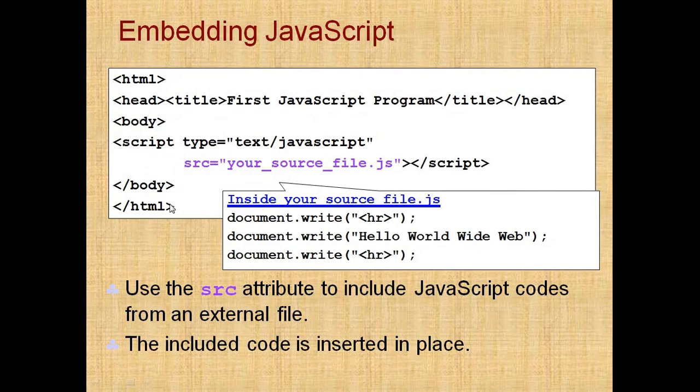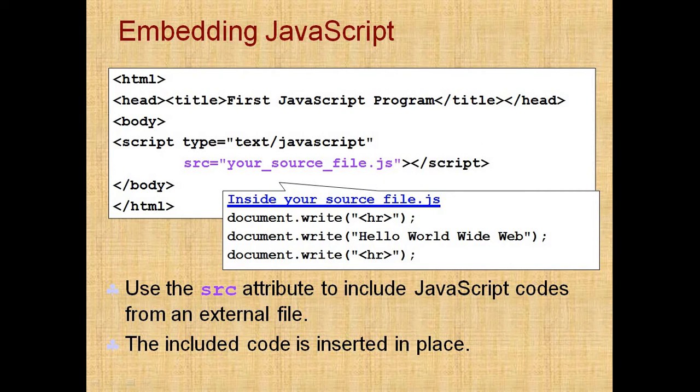So now it is the embedding JavaScript. That means if you want to use some external JavaScript file here, then how to use that? The script type will remain the same, but a simple attribute, src, is added here with the name .js file.